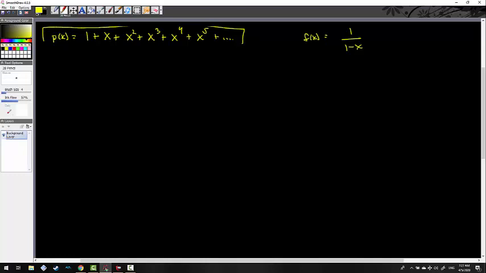So it's going to be a series. And what type of series is this going to be? It's not totally obvious, but if you look at the terms here, they seem to be growing at a pretty constant rate. To get from one term to the next, I'm multiplying by x every single time. And if I'm multiplying by a constant amount, we can conclude that this thing is geometric in nature.